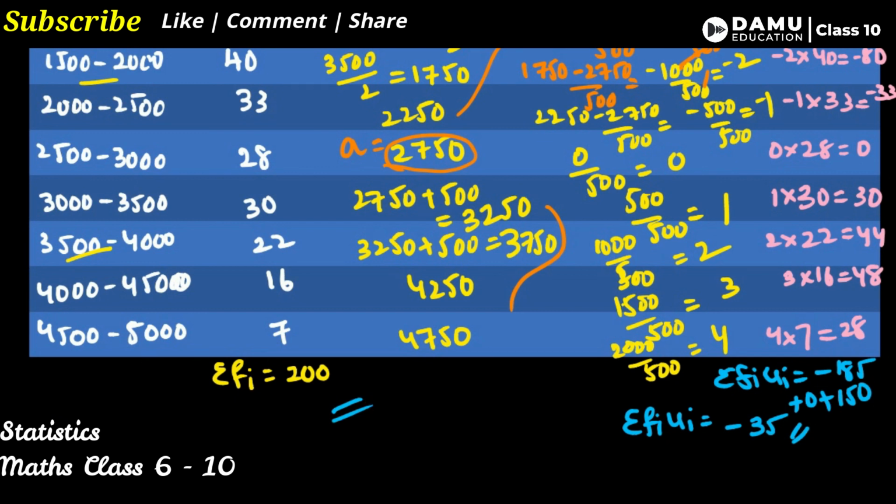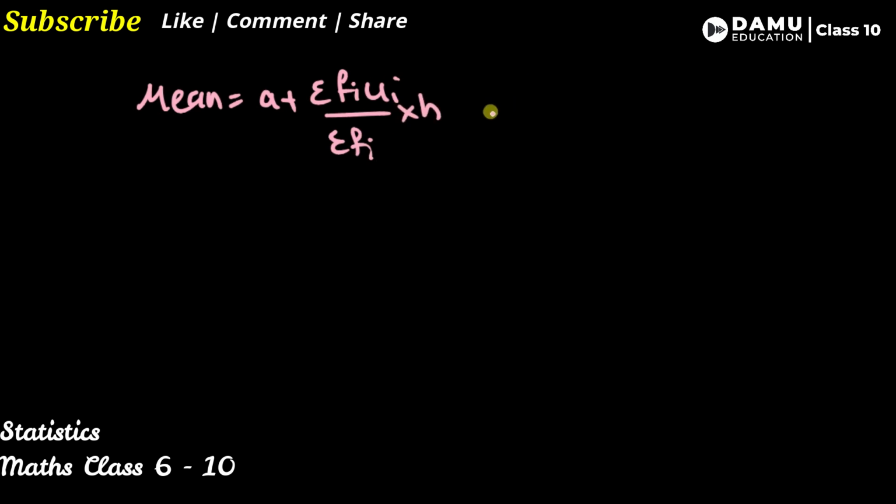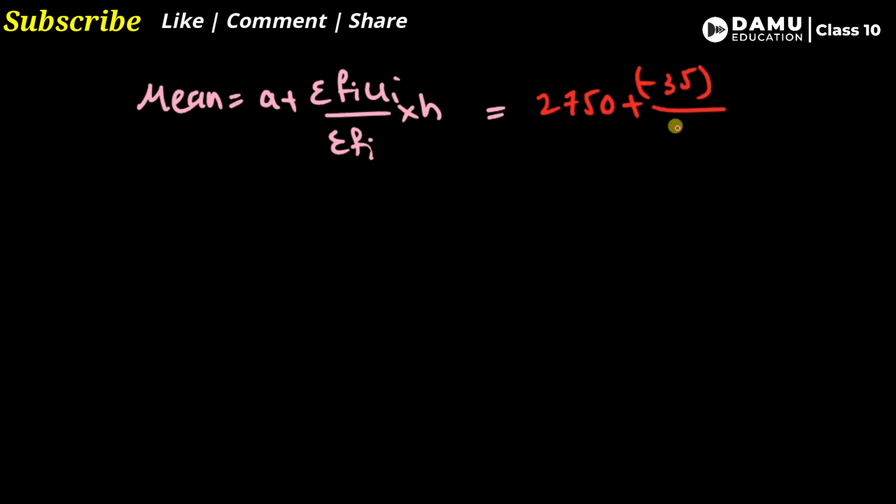Let's find out the formula. Mean equals assumed mean plus (summation of fi ui by summation of fi) into h. The assumed mean we took is 2750, plus summation of fi ui, minus 35, divided by summation of fi, which is 200, into h, which is 500.